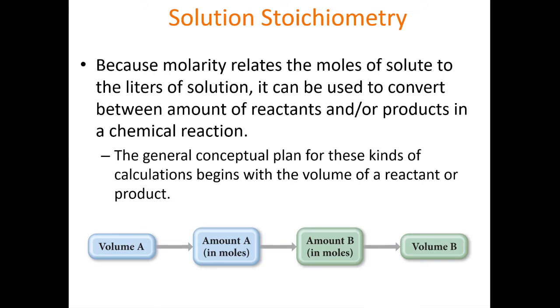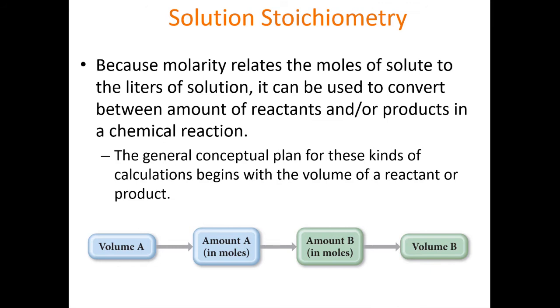Now, because we have molarities in these solutions, and the measurement of molarity relates the moles of solute to the liters of solution, we can use it to convert between the amounts of reactants and/or products in a chemical reaction. This is the overall conceptual plan or flow chart for these kinds of calculations.